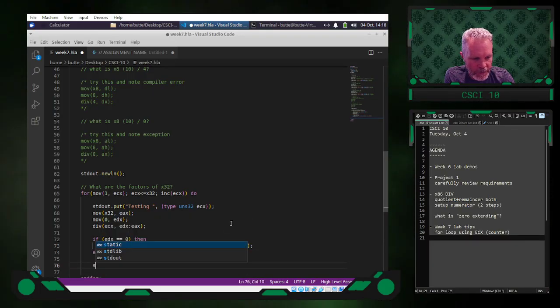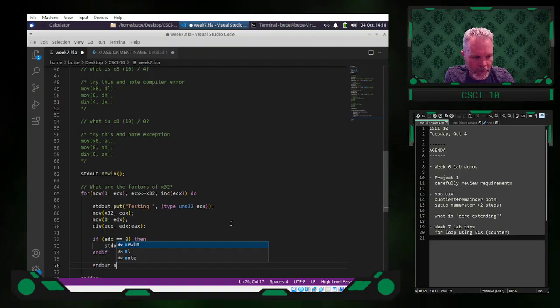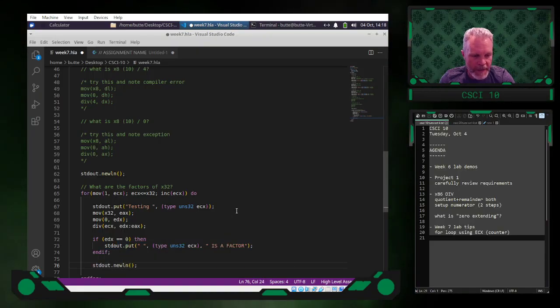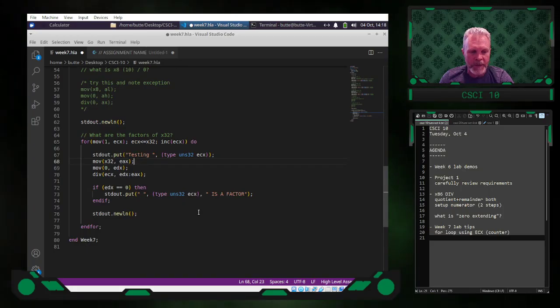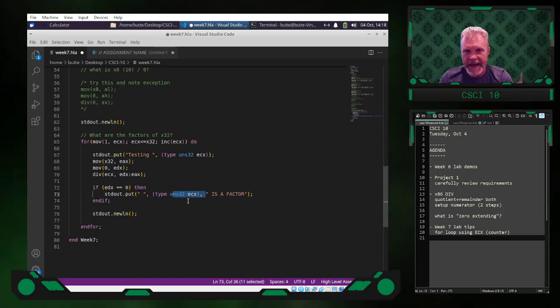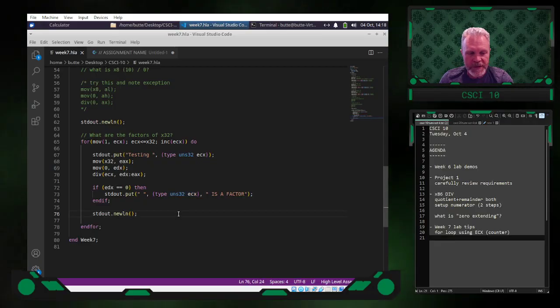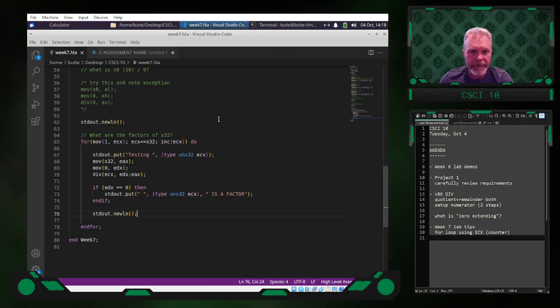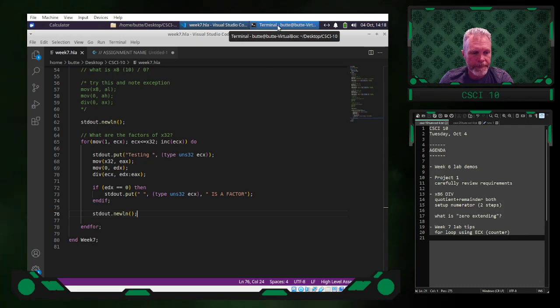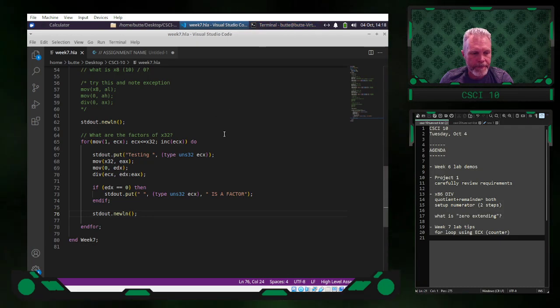And then I'll spit out a new line no matter what the result. So that's what I'm doing in this little loop here: I want to see which of those ECXs, as I march from 1 up to and including the value, are the factors. What is it evenly divisible by?